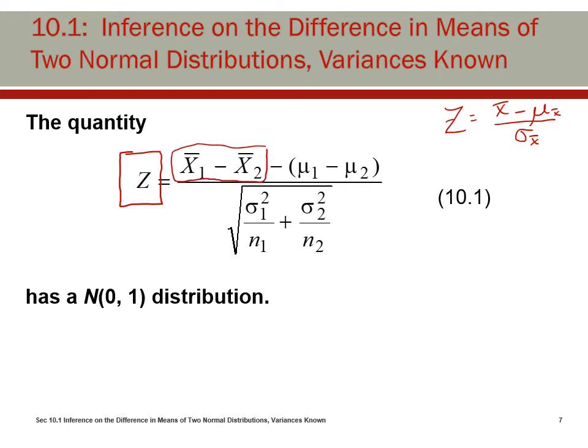So X bar 1 minus X bar 2 is the first value, and then we're going to subtract the mu of X bar, and we just saw mu of X bar is the same as mu 1 minus mu 2.